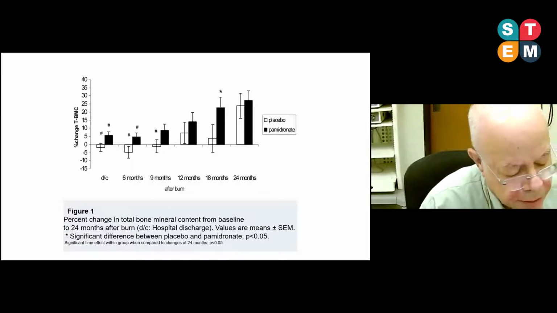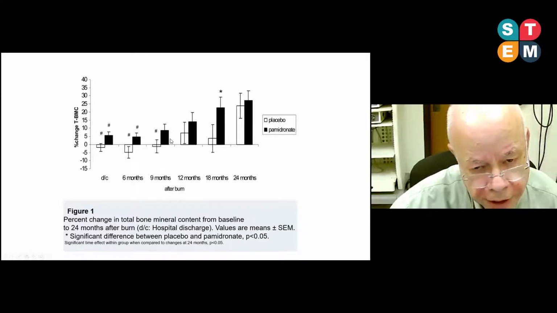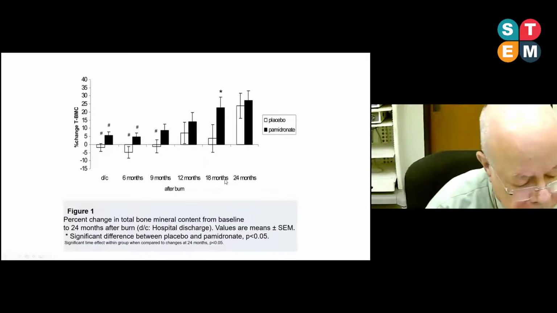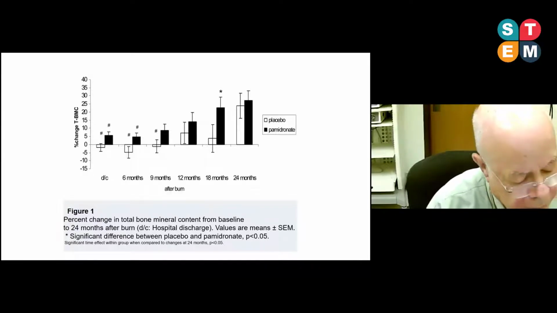In this slide, you can see that those who received the bisphosphonate, shown here in the black bars, continued to accrue bone for the first through the 24-month study period.